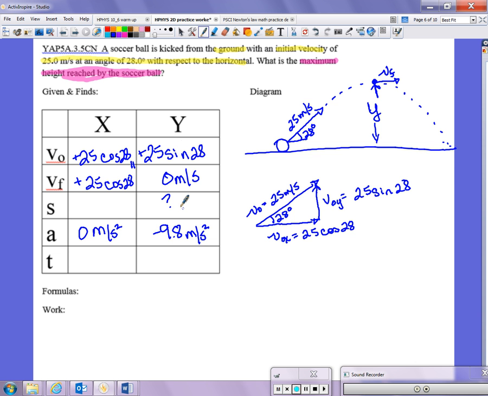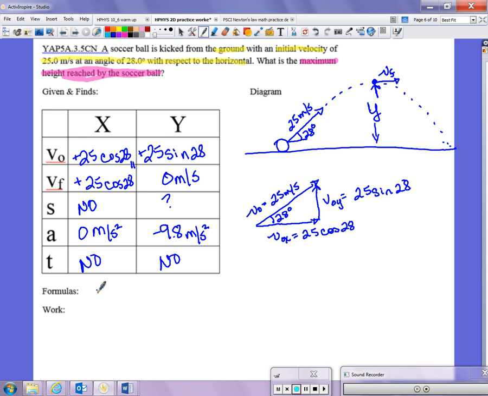So take a look at this. I want to find this y displacement. I have 3 out of my 4 variables, so I absolutely do not need time, nor do I care about the horizontal displacement. So I'm going to use the no-t formula in the y direction to solve for my y displacement.